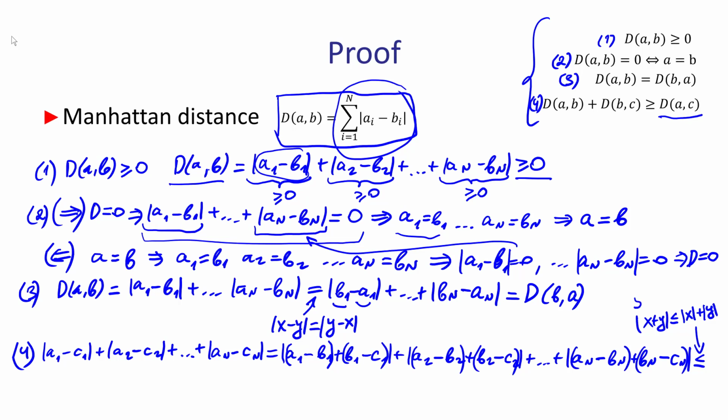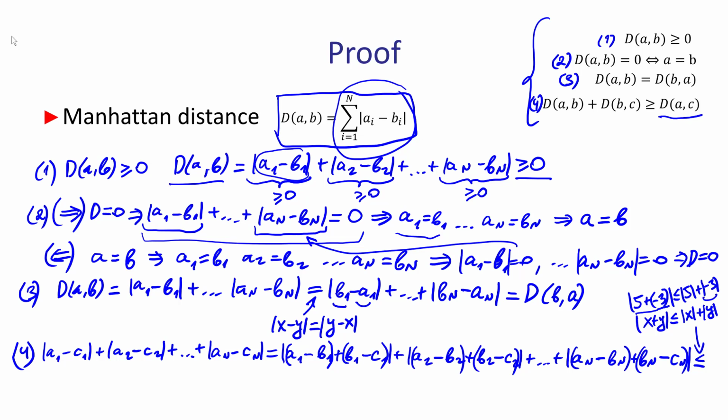For example, |5 plus minus 3| is smaller or equal to |5| plus |minus 3|. Which is obvious because if those two numbers are positive, then it's always equal. But if one of those numbers is negative, then the absolute value of that number will be larger than that number itself.